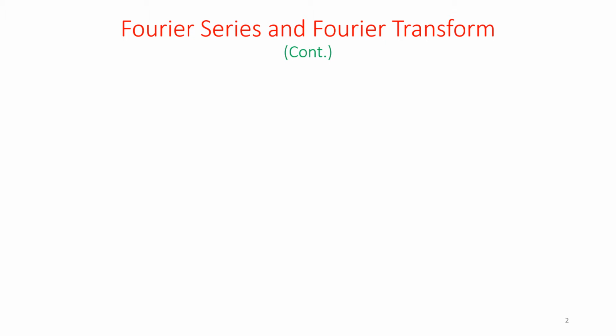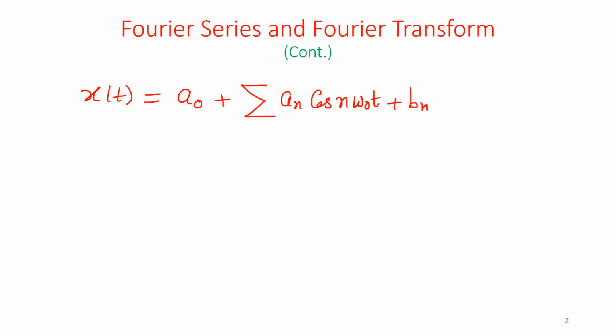In the previous lecture, we have discussed the basic concepts of Fourier series, and there I have said that a periodic signal x(t) can be decomposed in terms of sinusoidal signals, like x(t) equals a DC component A naught and the AC components in terms of sinusoids with the coefficient an cos n omega naught t plus bn sin n omega naught t, right?